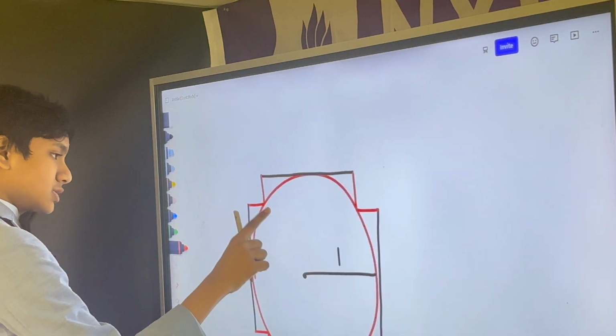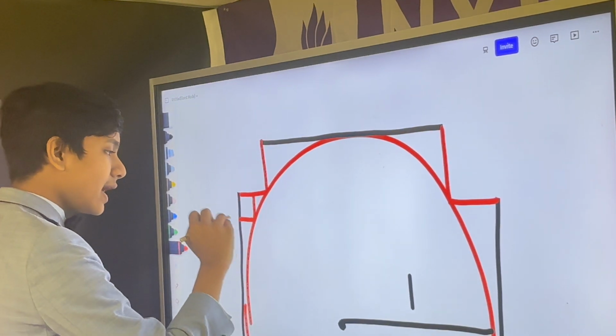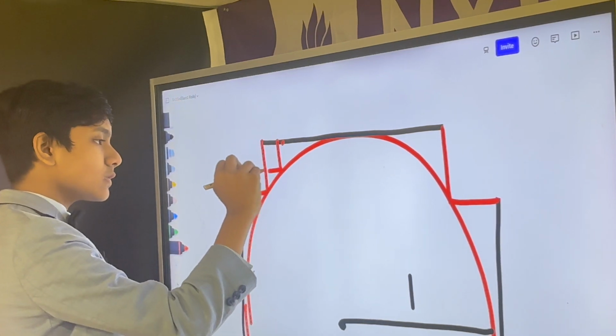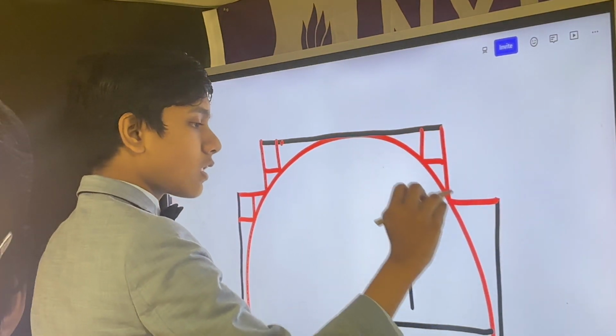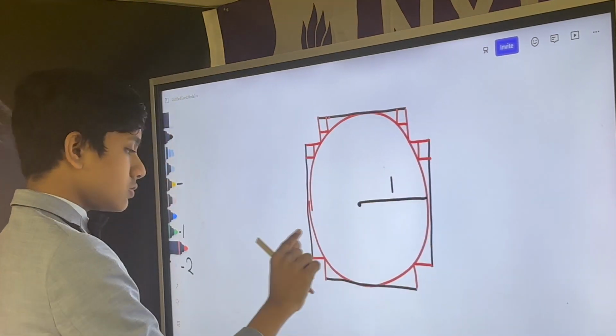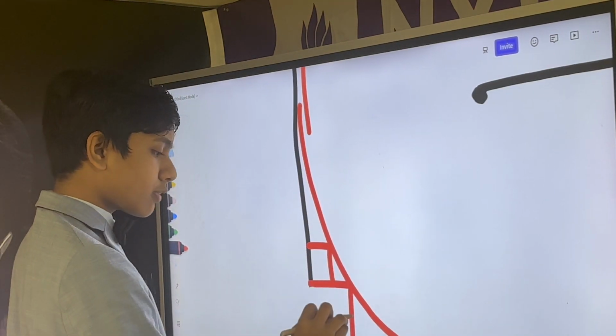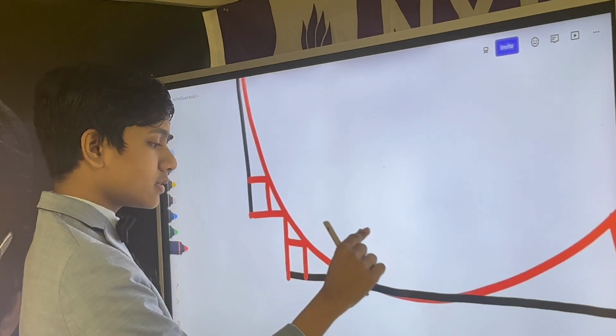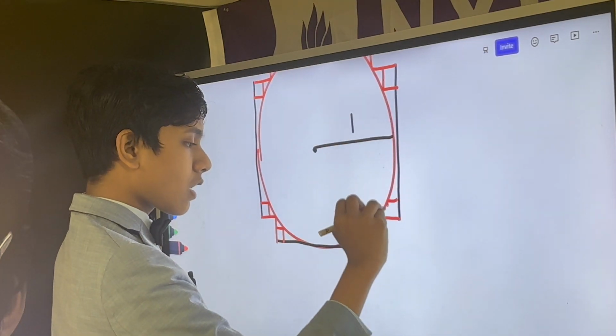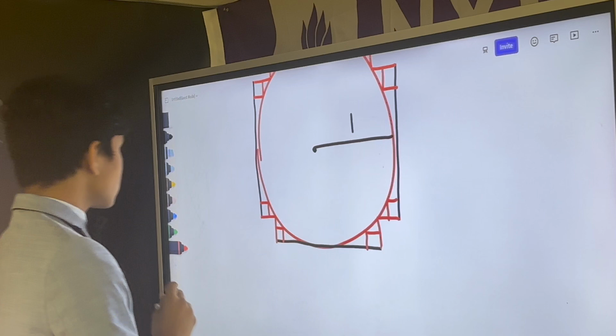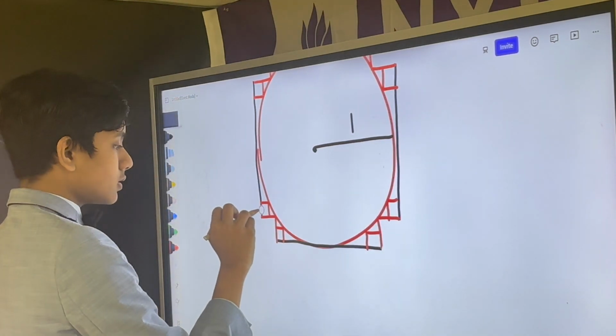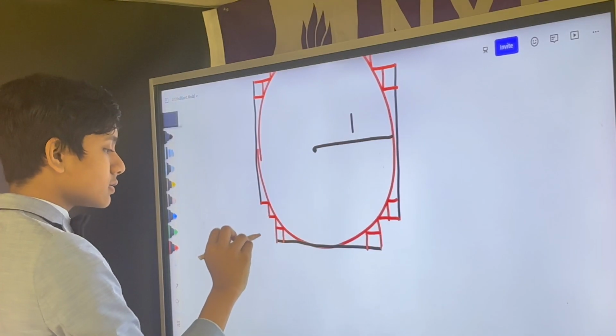Then it proposes you fold again. You subtract these little bits, and so you erase these.